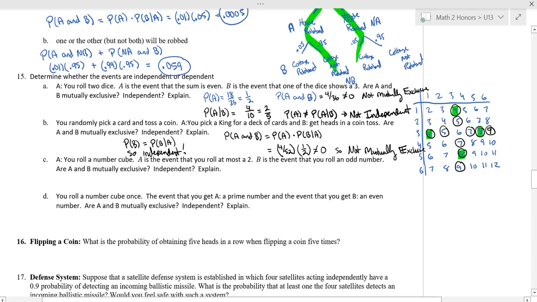Alright, part C, you roll a number cube, which is a die. A is the event that you roll at most a 2. B is the event that you roll an odd number. Okay. So what's the probability of A and B?